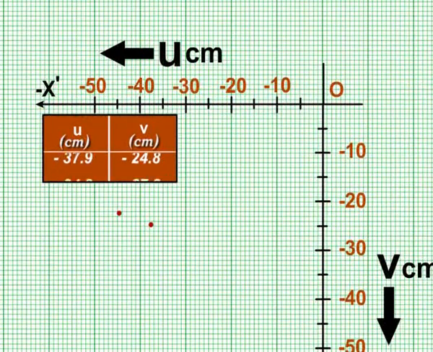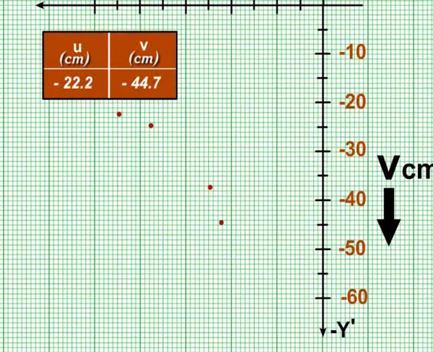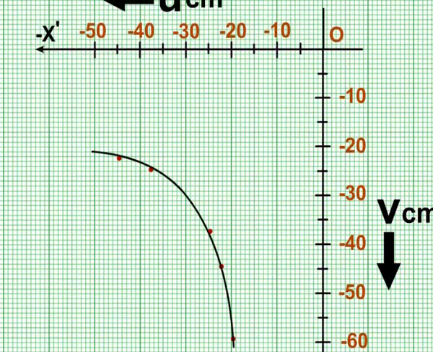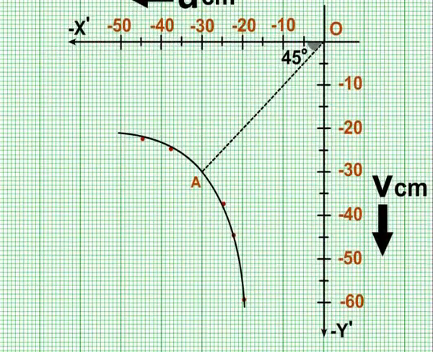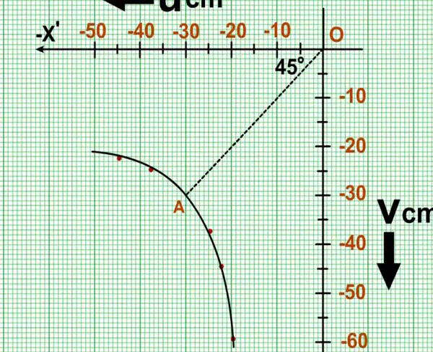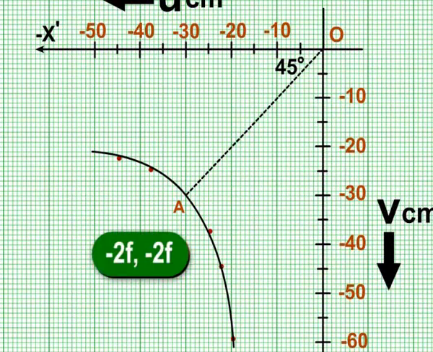After joining all the points with a free hand, the graph is a hyperbola curve. To find the focal length, we draw a line OA bisecting the angle X'OY' and intersecting the graph at point A. The coordinates of this point are -2f, -2f.